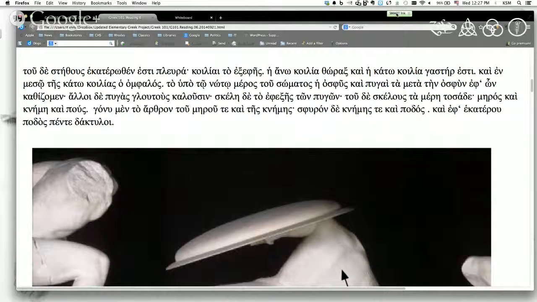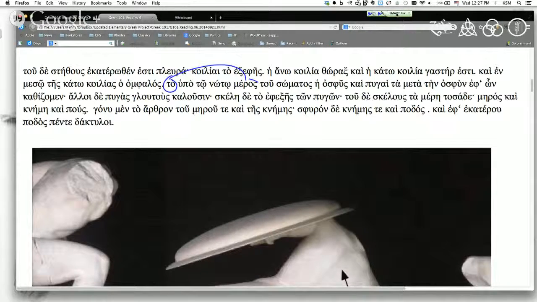Okay, so omphalos. Kai tetarton logon parakalo abi. To hupo toi notoi. Above or below. To meras, the part.